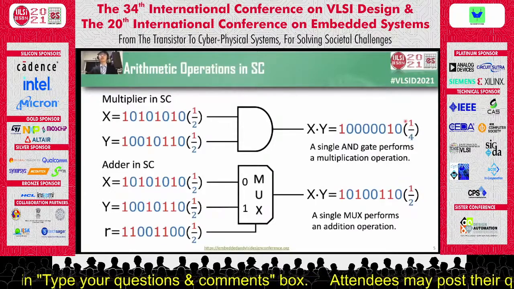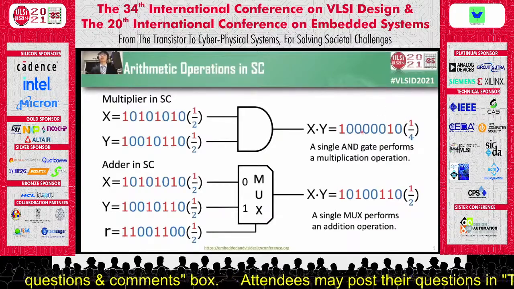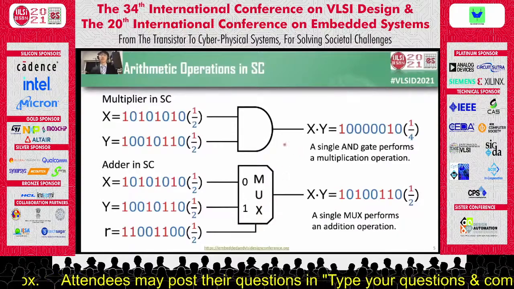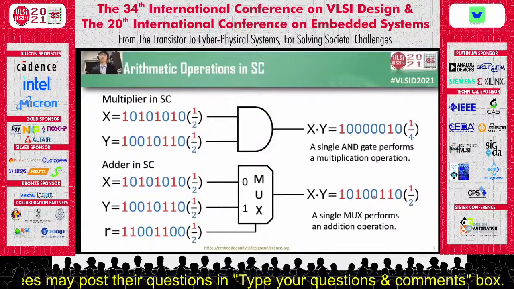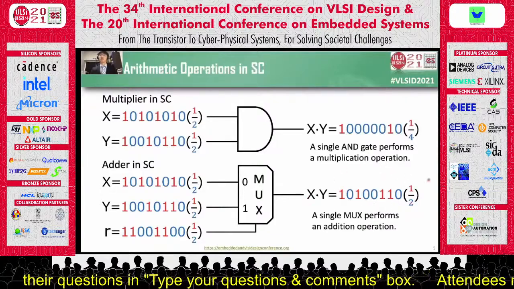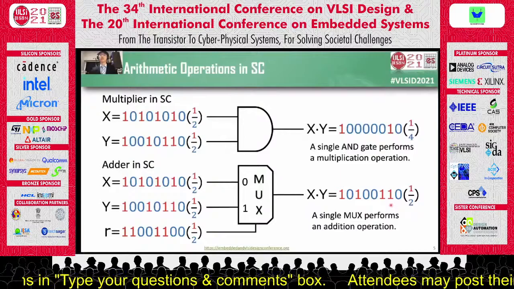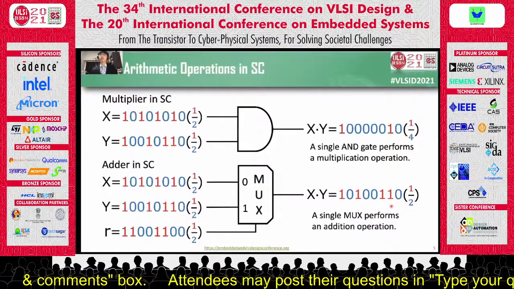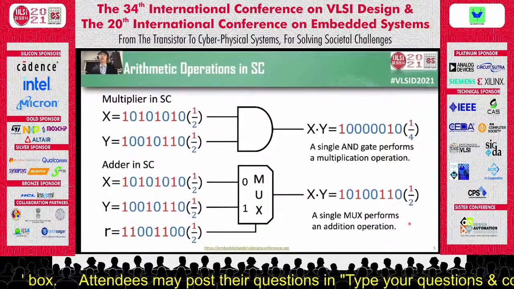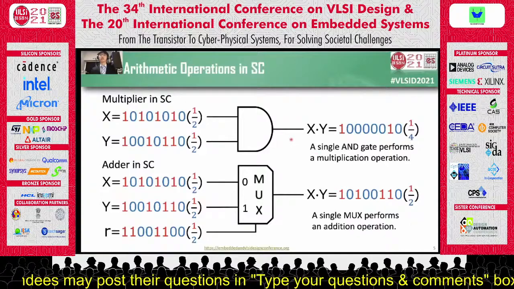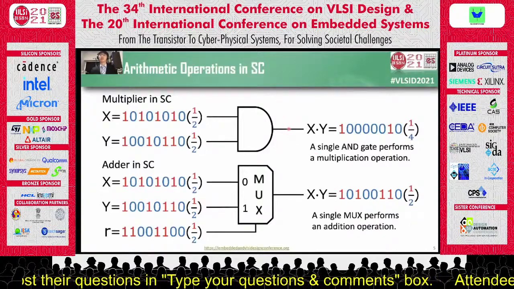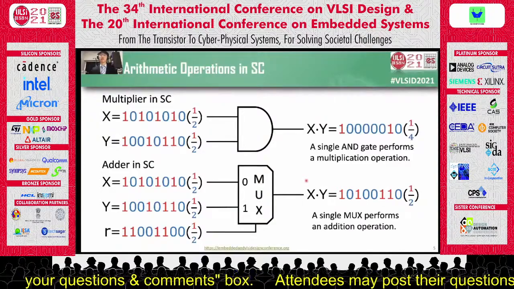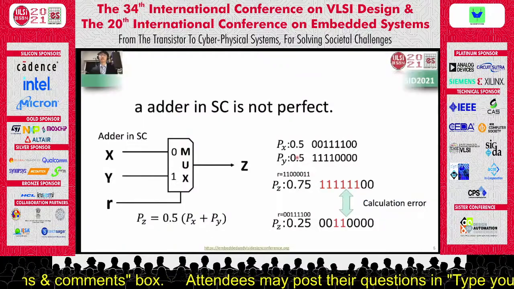From this, we can confirm that multiplication has been performed. This is an adder in SC. The SN output by the multiplexer represents 1/2 in value. The addition value should be 1, but the addition by SC's multiplexer is a 1/2 scaled addition like this. In conclusion, in SC one AND gate can perform the multiplication, and one multiplexer can perform the addition. Therefore, we can reduce the hardware cost by SC.